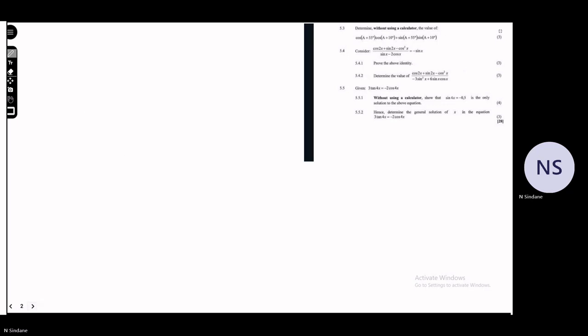So, 5.3, determine without a use of a calculator, right? So, what are we given?